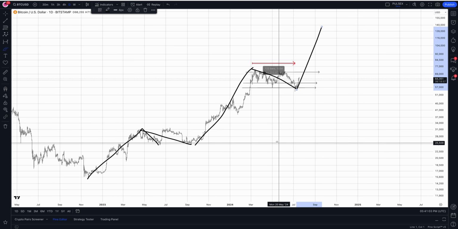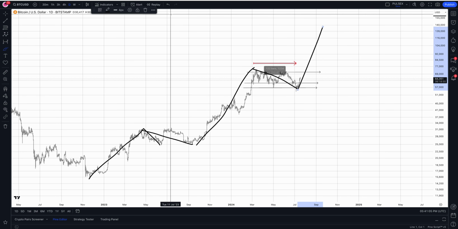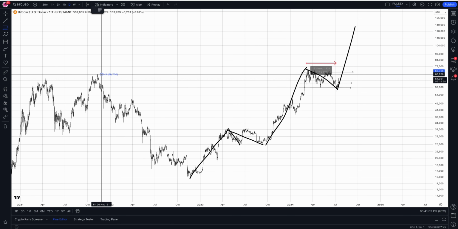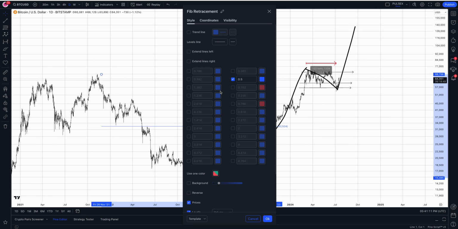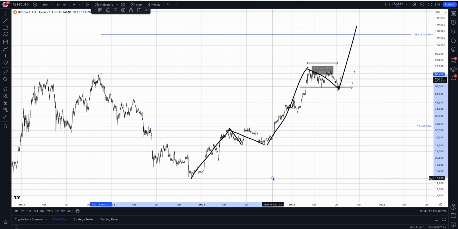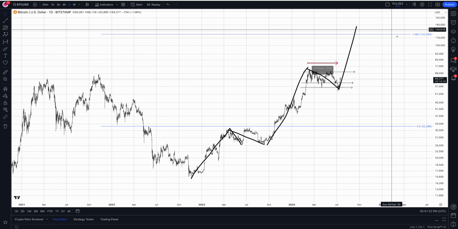Okay, we still need a 5th wave up there, so I'm thinking about 115 to 123,000. It's about 115 to 123.